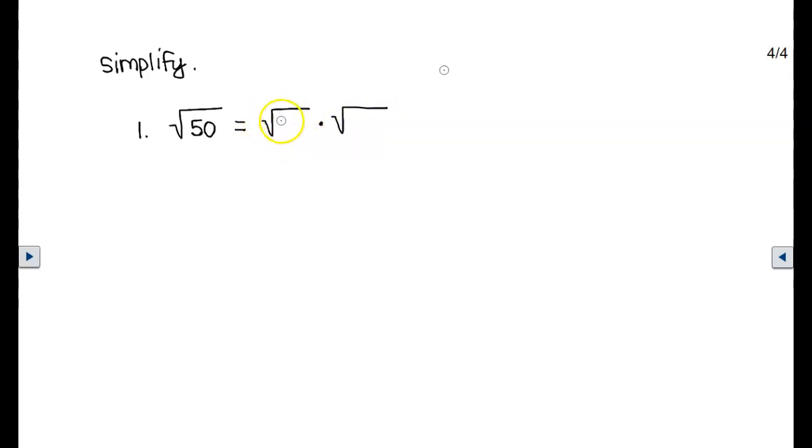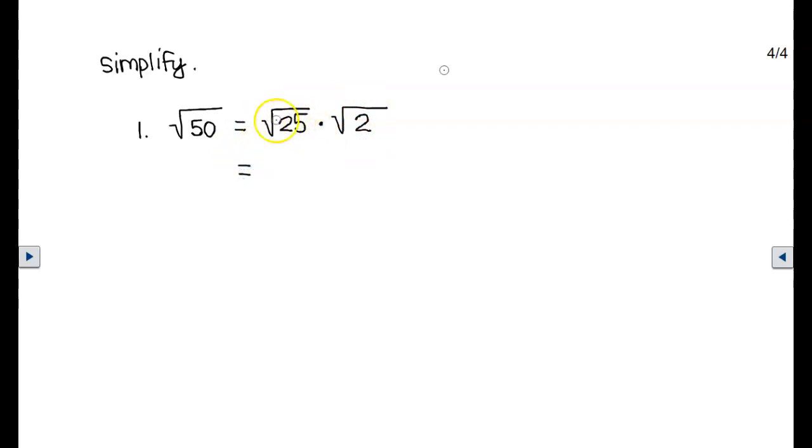One of my two numbers has to be a perfect square, and I have decided that 25 is the number I need to use. It takes 25 times 2 to get 50. So I'm going to rewrite the square root of 50 as the square root of 25 times 2. I find the biggest number from the perfect square list that is a factor of 50, and then use whatever I need to use here to finish it off.